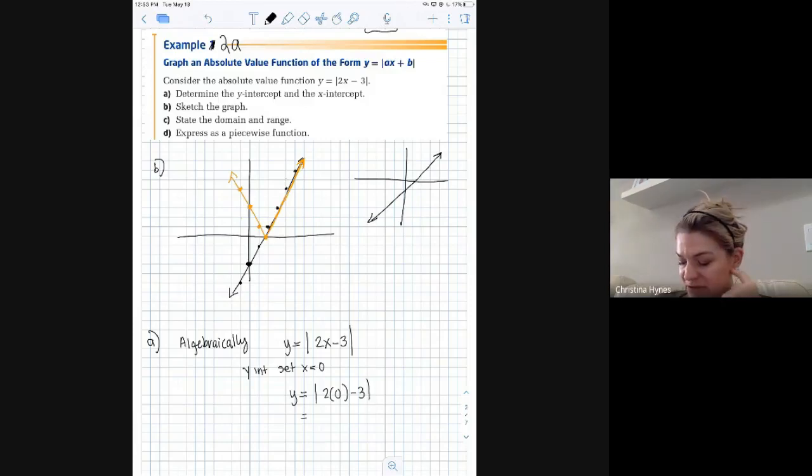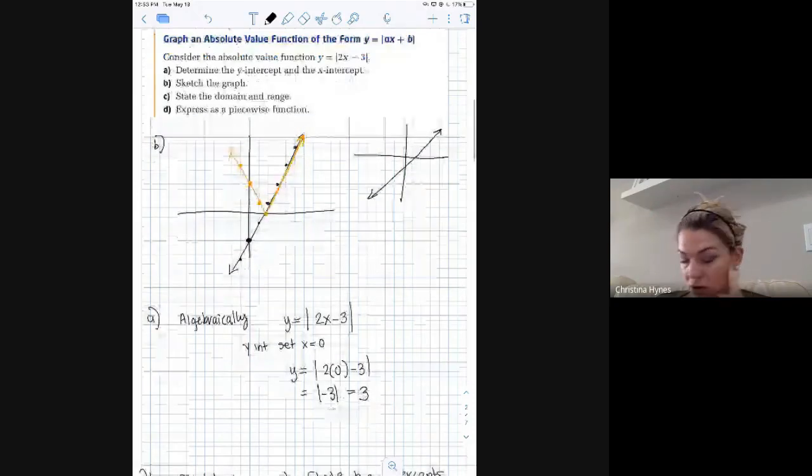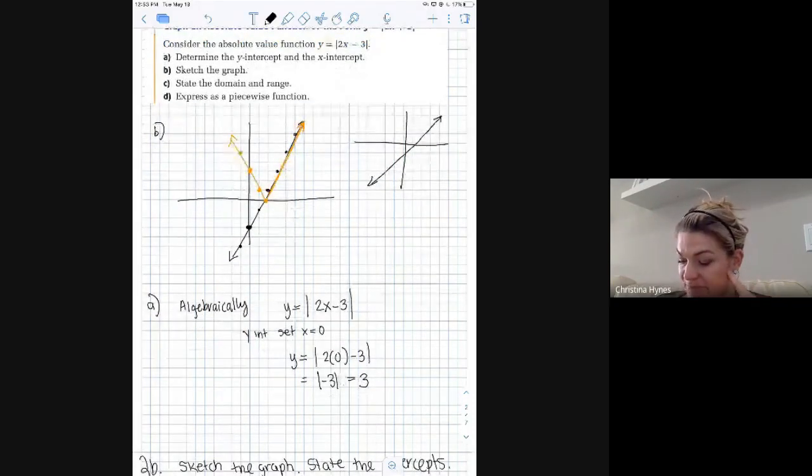And then the 2 times 0 minus 3 would have been negative 3, but within absolutes, negative 3 becomes positive 3. So I know that my y-intercept is positive 3, and look at my picture. It actually is. The y-intercept coordinates are 0, 3, okay? So that's what they're asking for, the y-intercept equals, in this case, positive 3. So that's one answer.